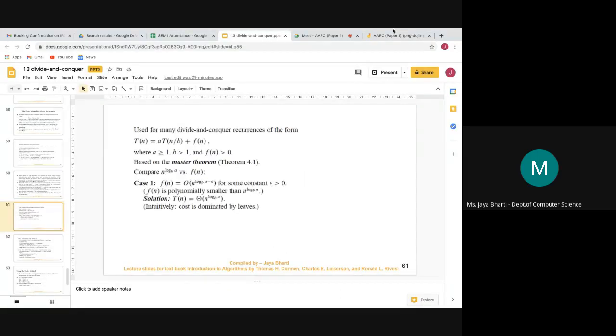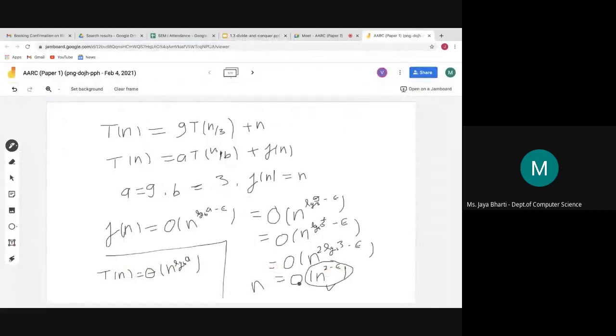Okay, you can see, and we can see that this is the n square. So simply write, and we already know the value of this n to the power log a base b. What is the value of this whole thing?